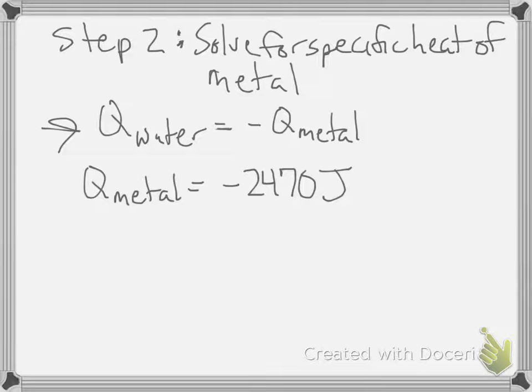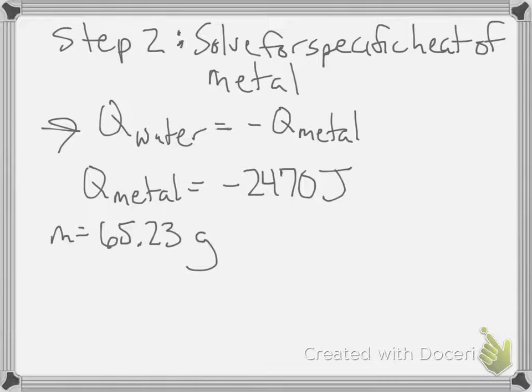So we know Q in this particular case. We know M. M was typically around 64, 65 grams for the samples that we used in the lab. So I'm going to use 65.23 grams as a mass for our mystery metal.